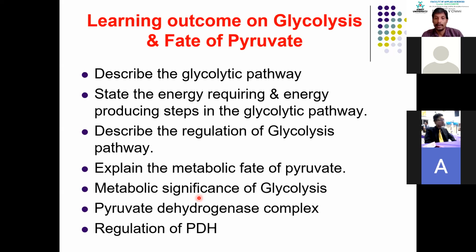This is a very important indirect role of glycolysis, because one of the intermediates of glycolysis plays a role in the affinity of hemoglobin to oxygen, which is highly needed to pass sufficient oxygen to the tissues. Then we have also seen the pyruvate dehydrogenase complex and its regulation.